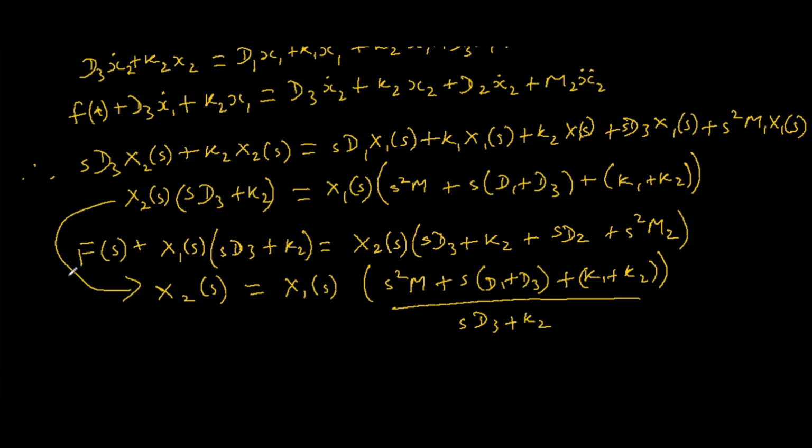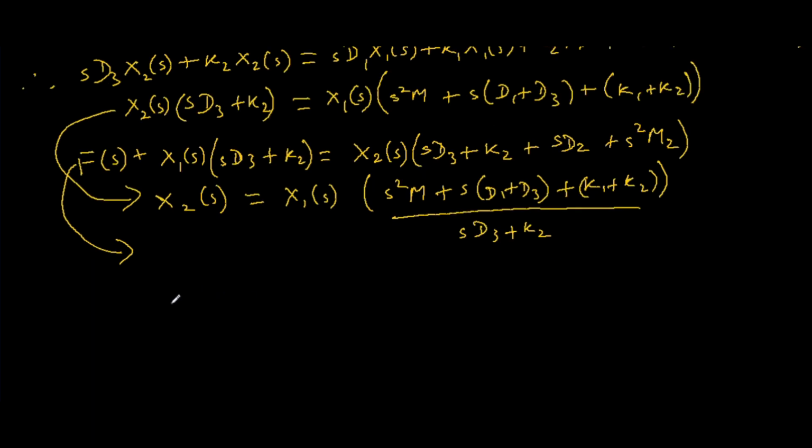Now we can come back to this equation and write it out in terms of just F and X1. So now we'll have F of S plus X1 of S into S D3 plus K2, and this is all equal to X2. X2, remember, is X1 multiplied by all of this. So all of this is equal to X1 of S into, and now this will be a long expression.